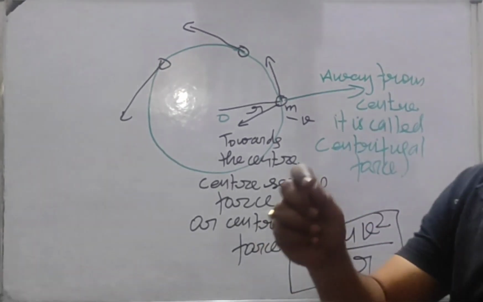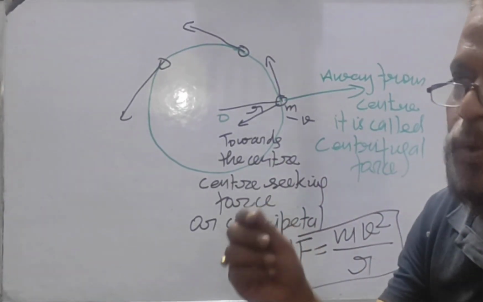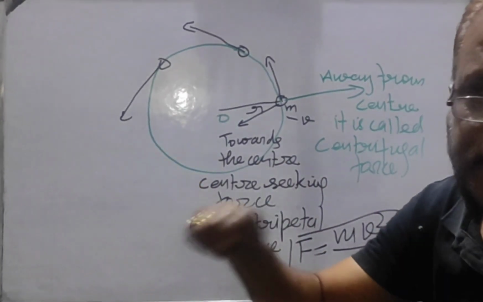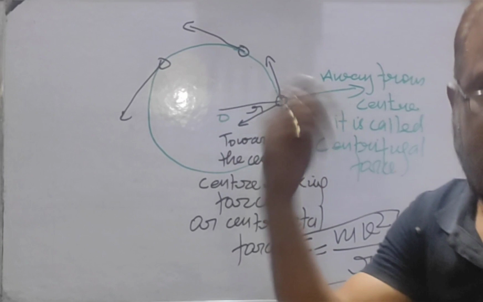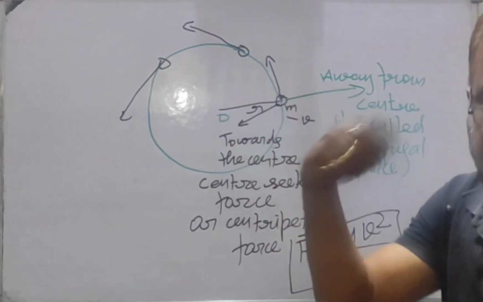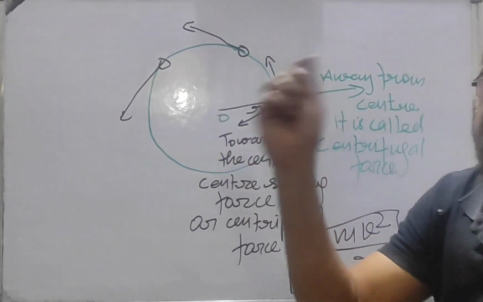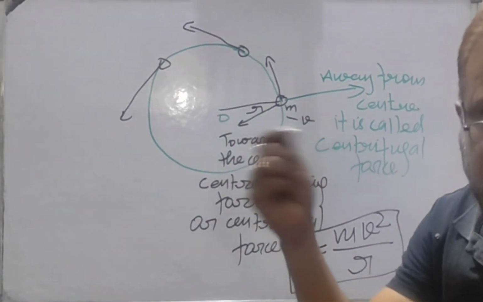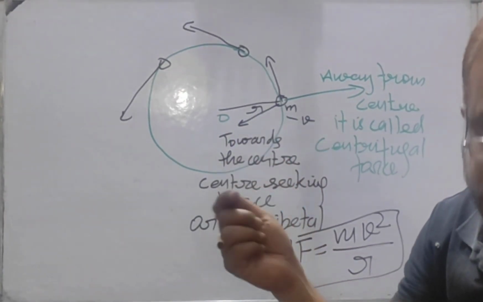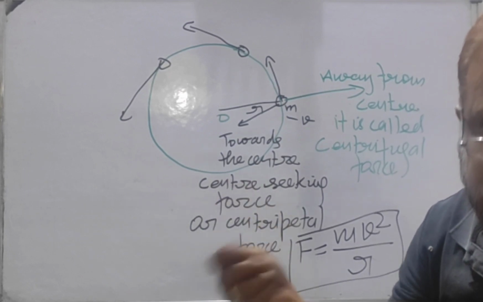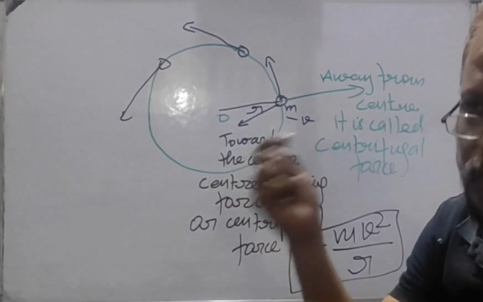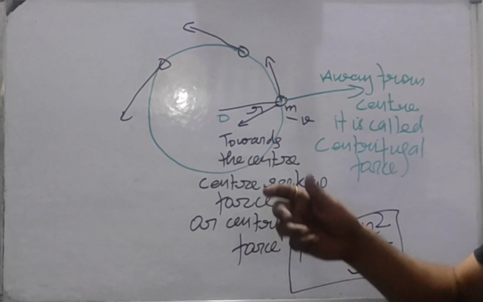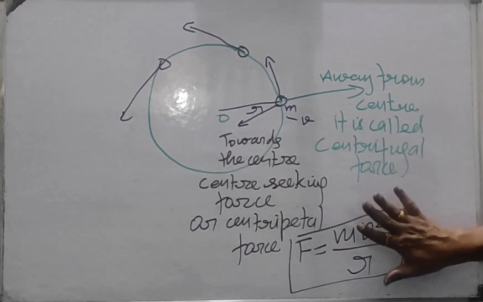You have seen, if you tie a stone on one end of a thread and you start rotating it, then what happens? You have to apply a force to keep it moving on a circular path, right? Your hand will feel a force, Pratham. So you will feel a force on a circular path.